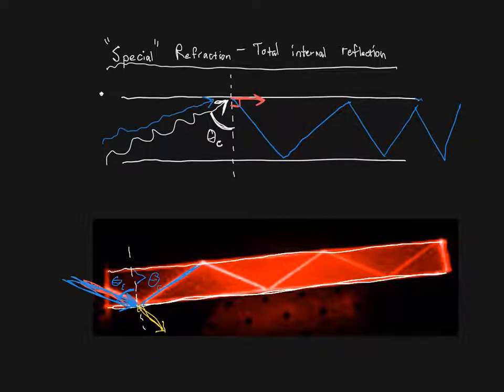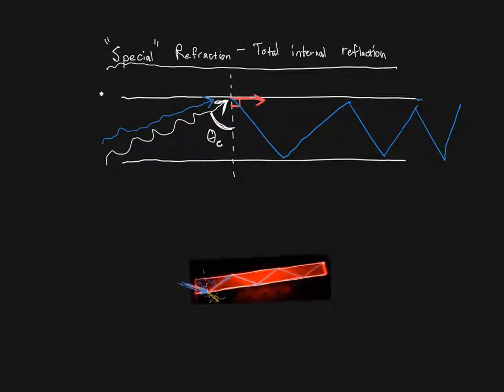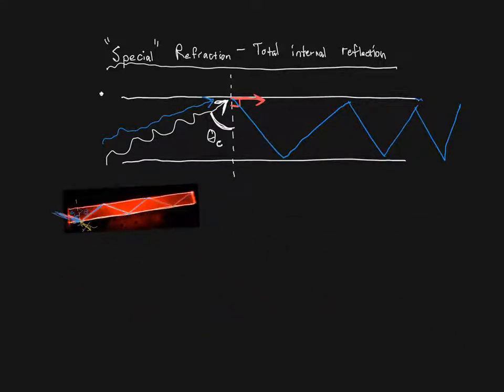That is not happening. Everything is totally internally reflected inwards. And it just keeps bouncing along the surface, so I can control the path that this light takes. It's extremely useful, and it's used in a variety of applications. Fiber optics let you control light paths.